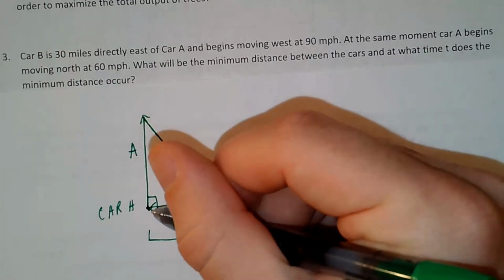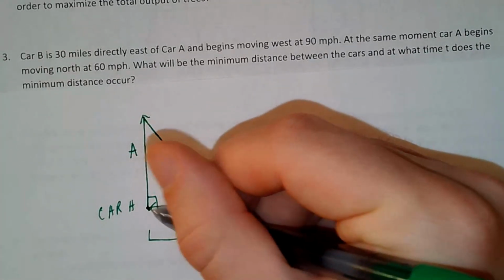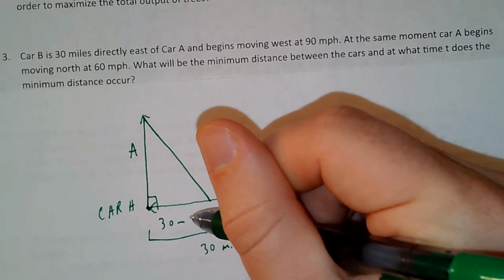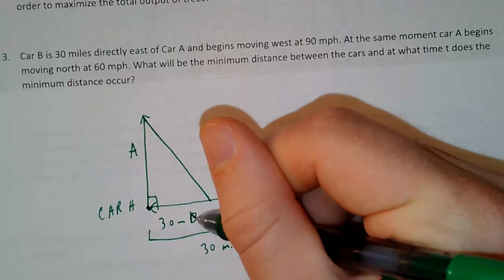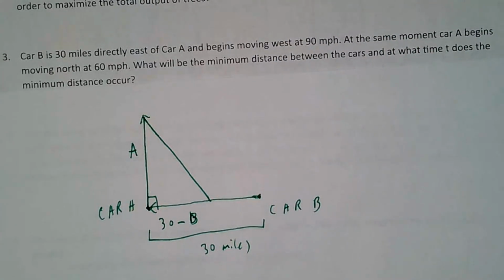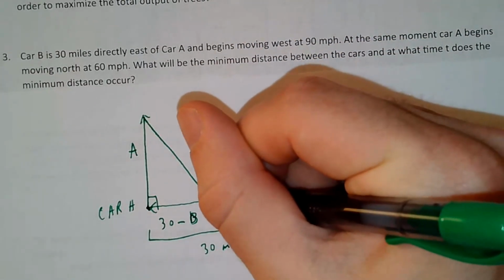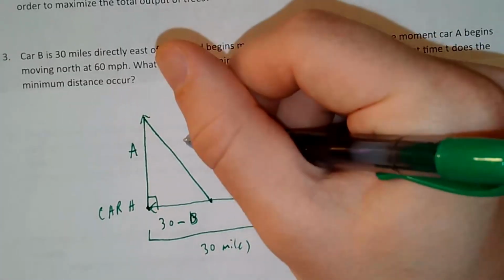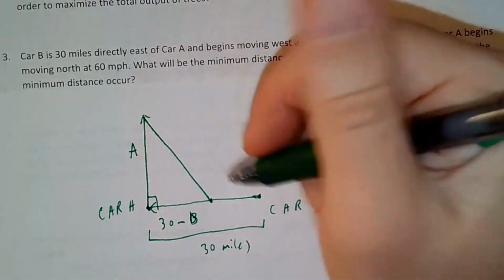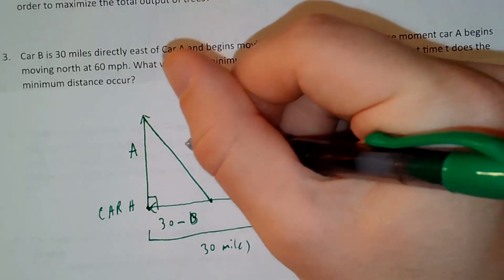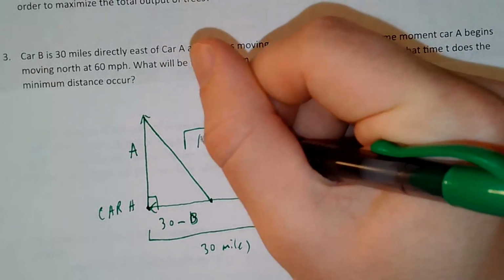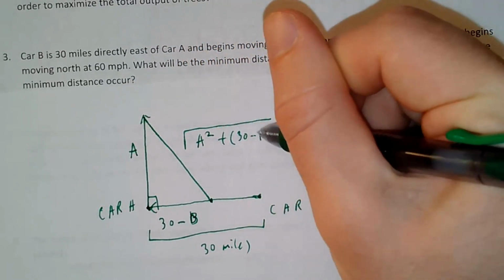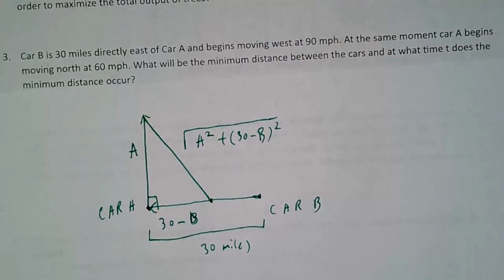Therefore, this distance here is going to be 30 minus whatever the car has traveled. And then through the Pythagorean theorem, a squared plus b squared equals c squared, this must be the square root of a squared plus (30 minus b) squared.